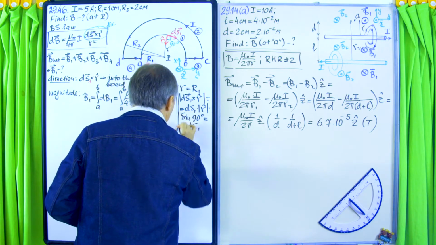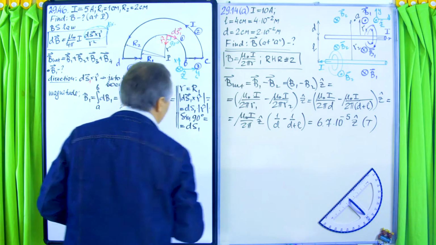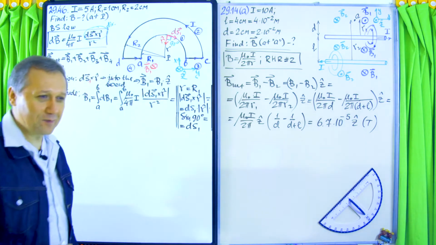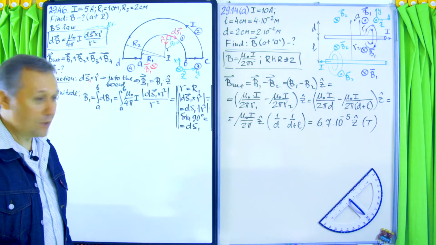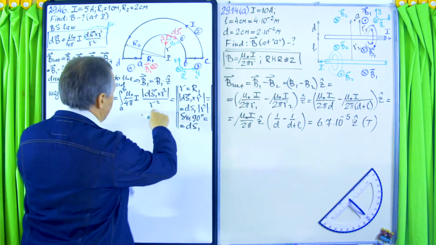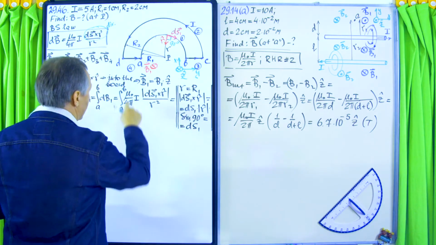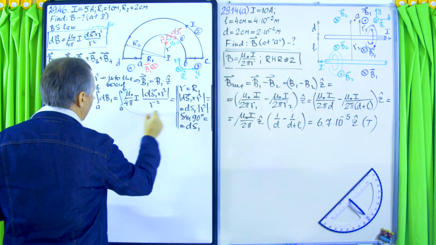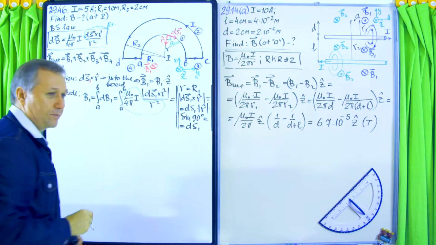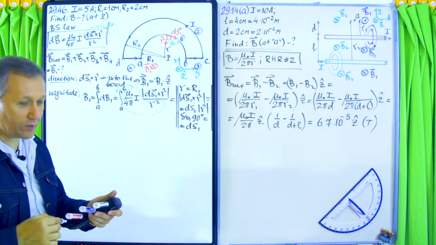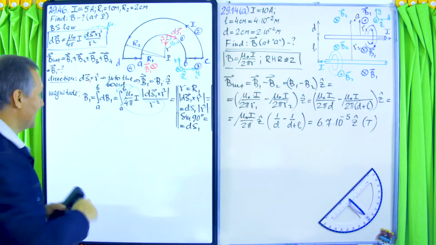ds1. Okay, let me extend my explanation box, not enough space, right? So now it means that this is r1, it's constant, mu naught constant, I constant, 4 pi constant. So all these are constants. We can take them outside of the sign of integration, right?